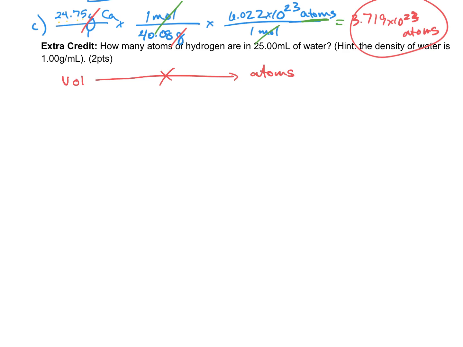But if you know the density of water, which we do, water has a density of 1 gram per milliliter. You can go from volume to mass, which is measured in grams. So volume is measured in milliliters. Mass is measured in grams. And then you can go to moles. And then you can go to atoms.